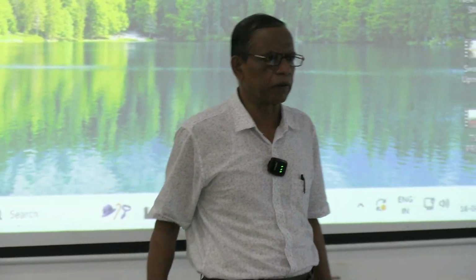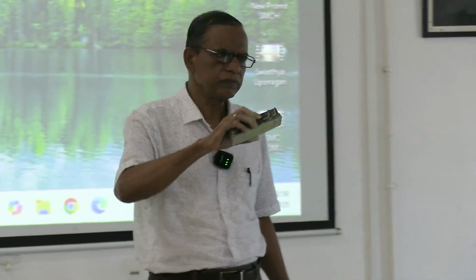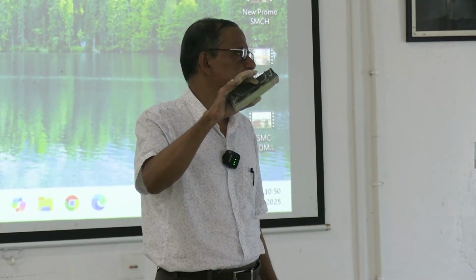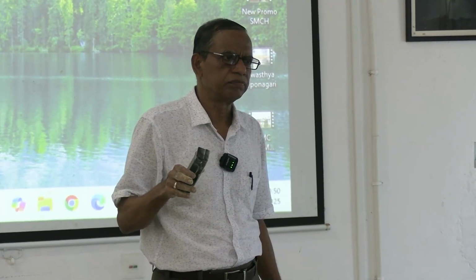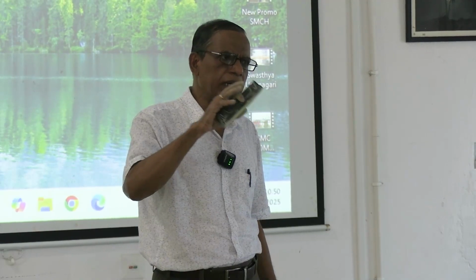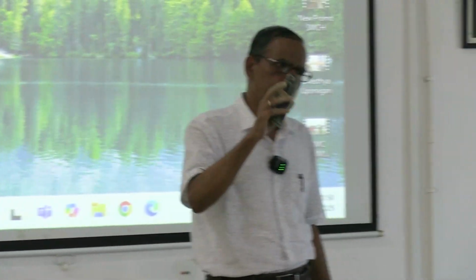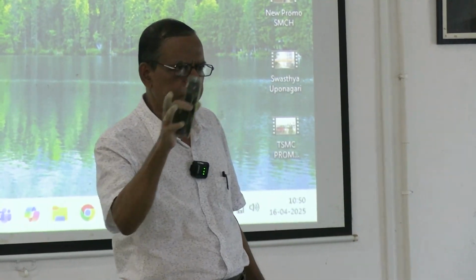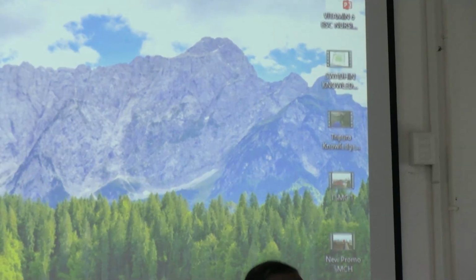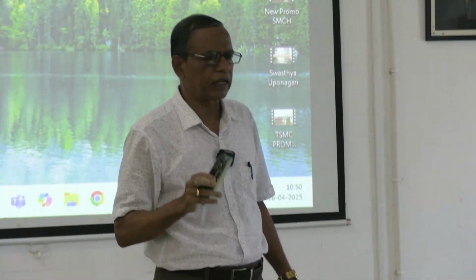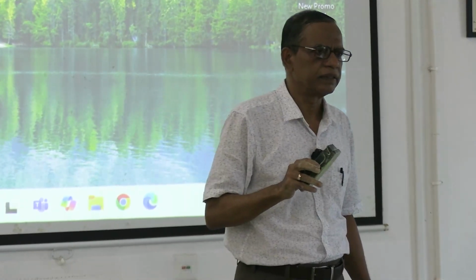What is done in verbal autopsy? The non-medical health worker will collect data from the relatives of the deceased, from the nearest one who lives in the house of the person who has died.